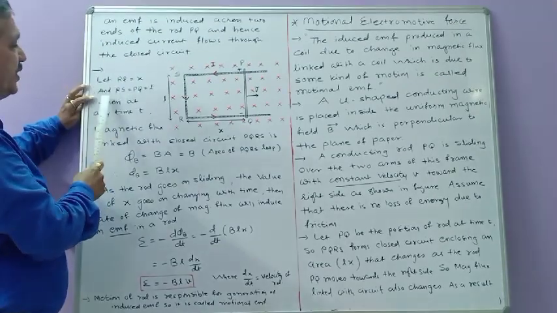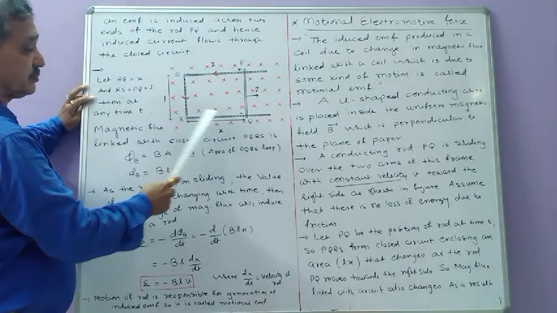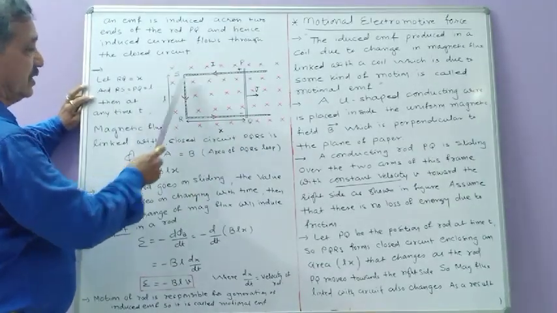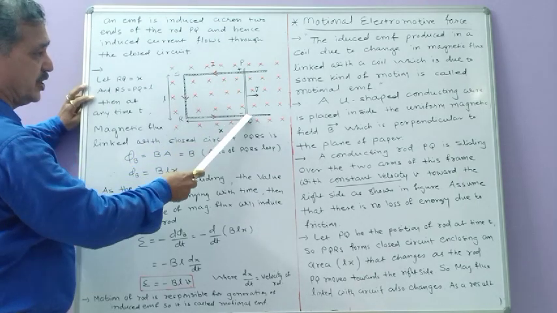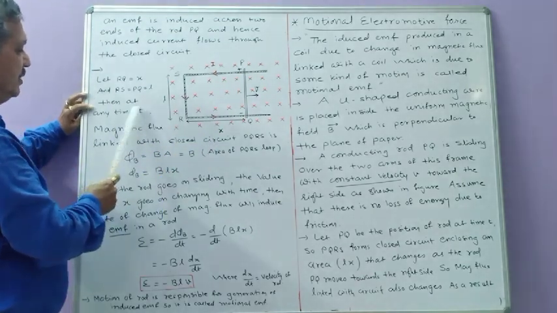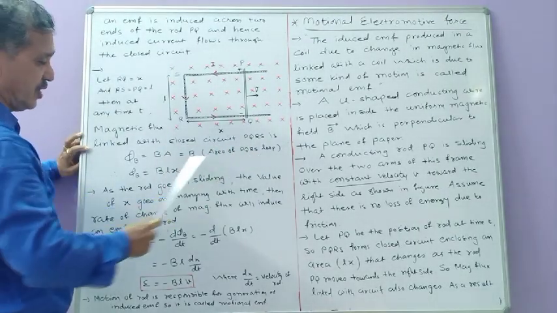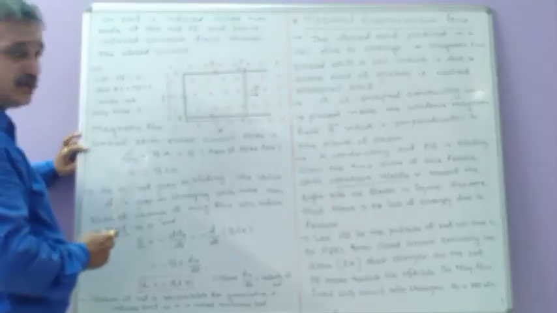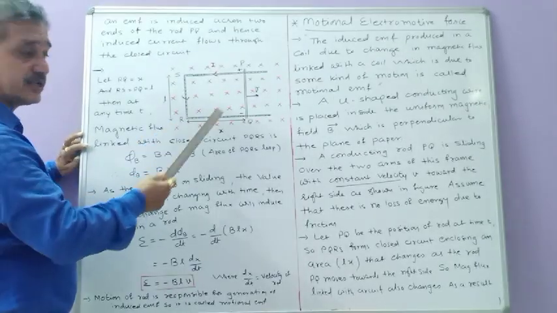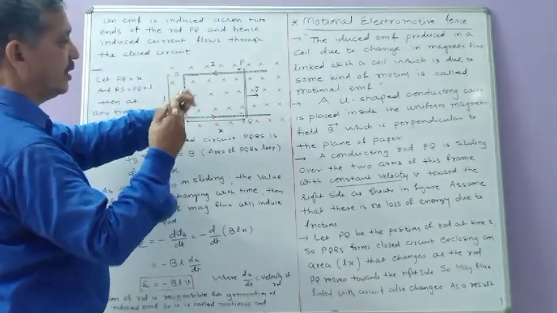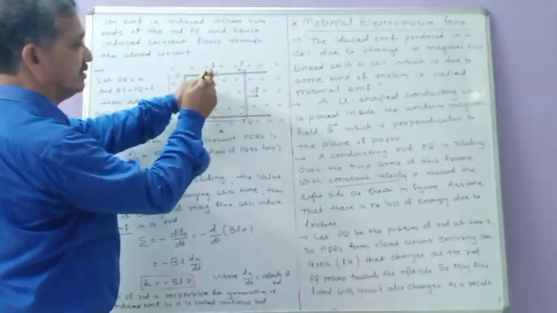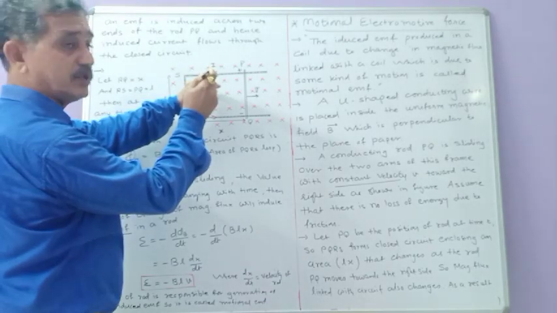Let RQ equal x. Let RS equal to PQ equal to small l. Then at any time the magnetic flux linked with this closed circuit PQRS equals B into A. क्योंकि ये closed circuit इस तरह से, तो इसका वेक्टर एरिया कैसे आप ले सकते हैं, going inside, perpendicular to the plane of the board.